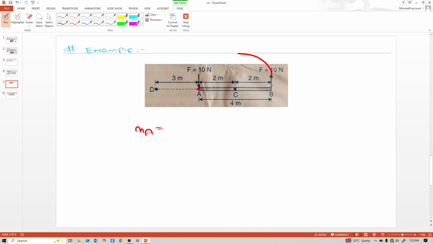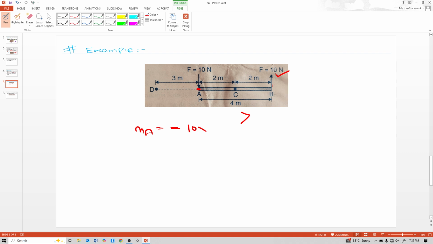So if I pass that 10 Newton force through our moment center, it is like this, and it is anti-clockwise. So anti-clockwise means negative sign. And see, force is 10 Newton.